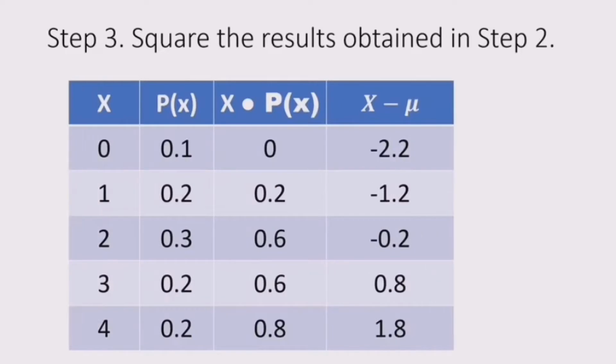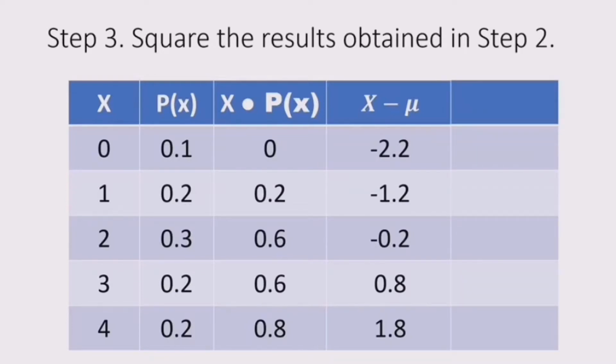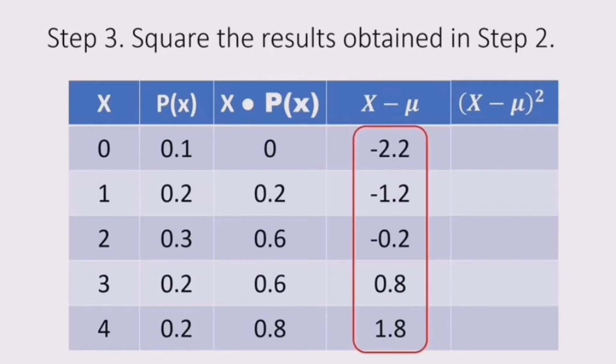Step 3. Square the results obtained in step 2. So recall that this is our last table. So di ba ang result kay negative 2.2, negative 1.2, negative 0.2, 0.8, and 1.8. So giingon diha nga ato kunong i-square ang result nga atong nakuha gikan sa step 2.